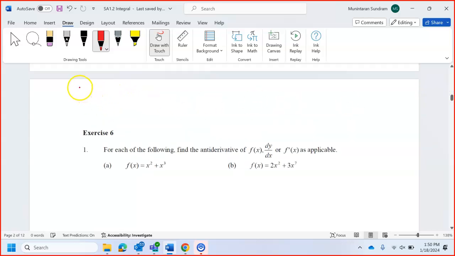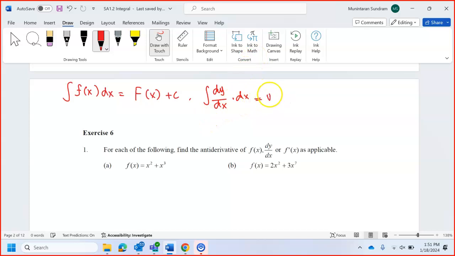If you are integrating f(x) dx, it gives you capital F plus c. If you are integrating dy/dx, actually times by dx, normally we don't write like this, the dx and dx can be cancelled.